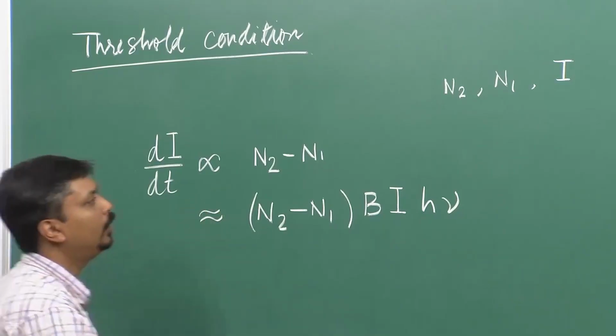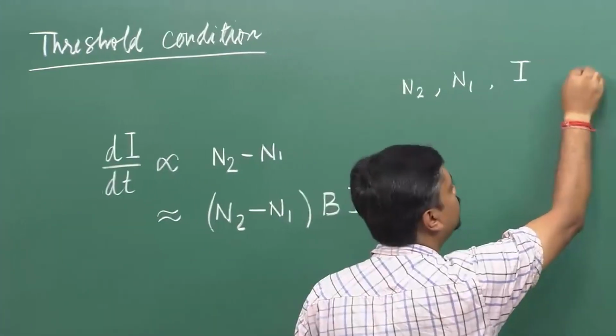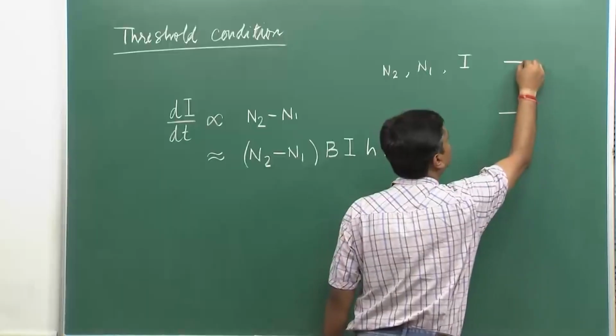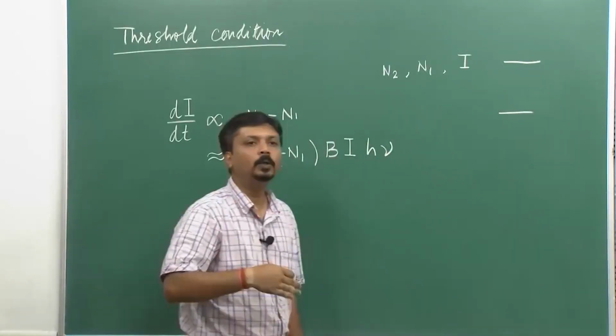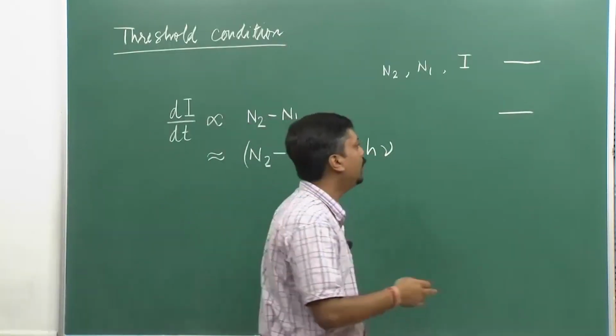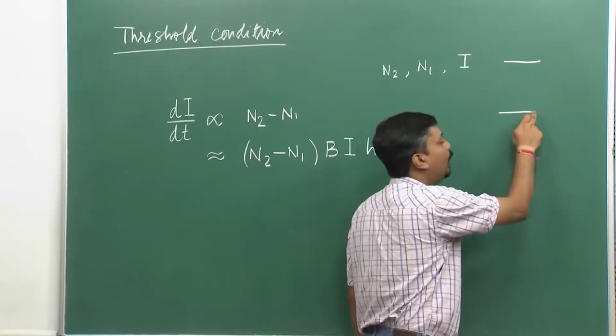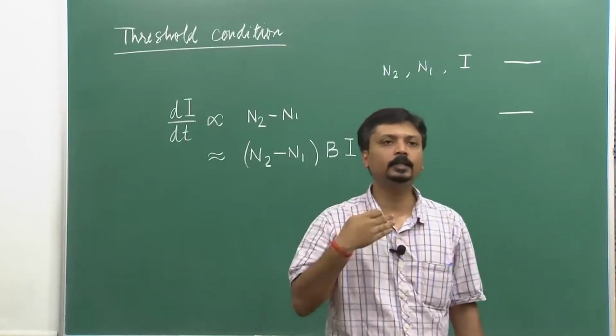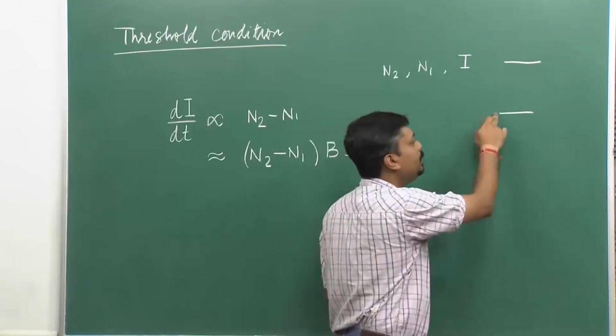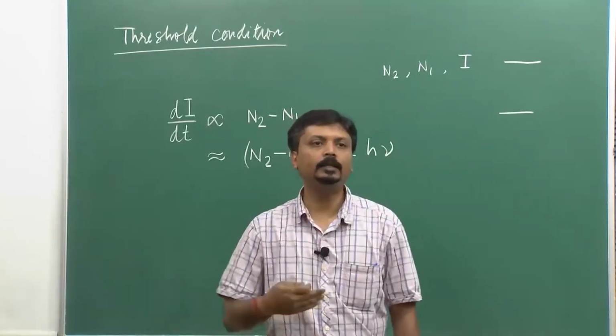This is for a case where I have considered only two states having no degeneracy. Degeneracy means that there are several such states having the same energy and the same properties.